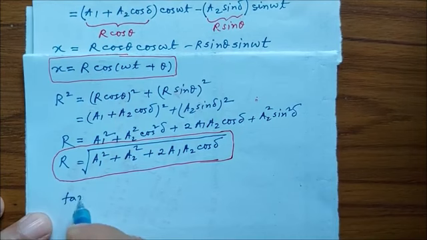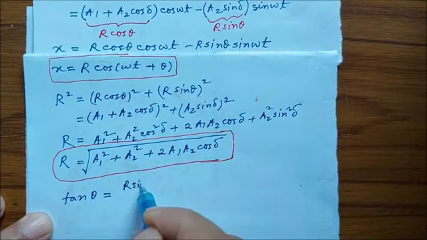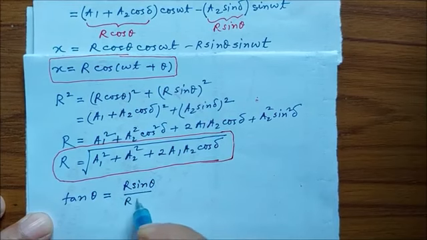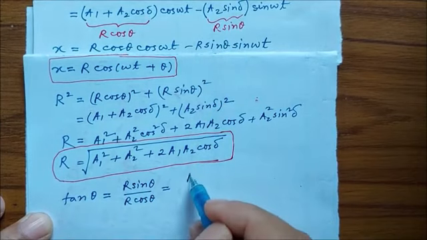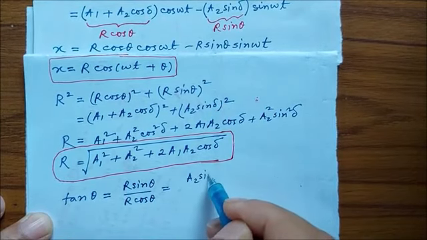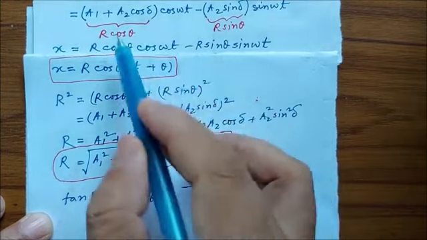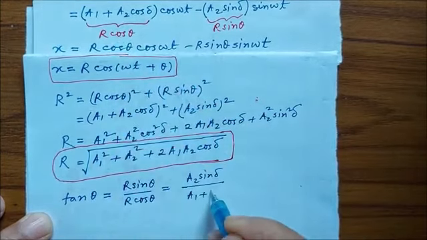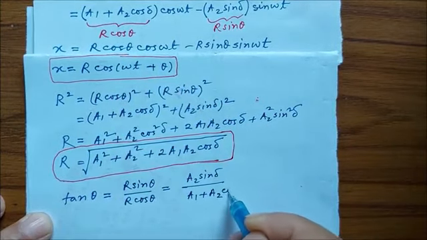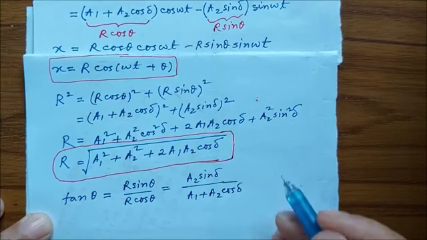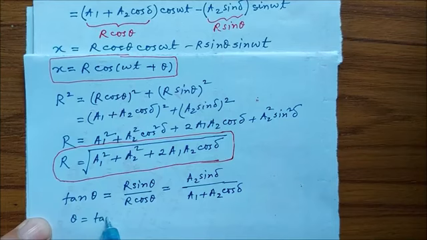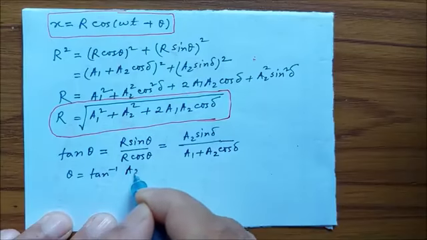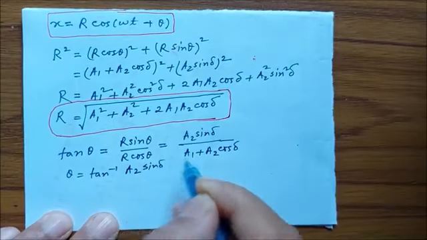And tan of theta can be written as r sin theta divided by r cos theta. Put the value of r sin theta and that of r cos theta. So this is the value of theta. So theta is actually tan inverse of this ratio.